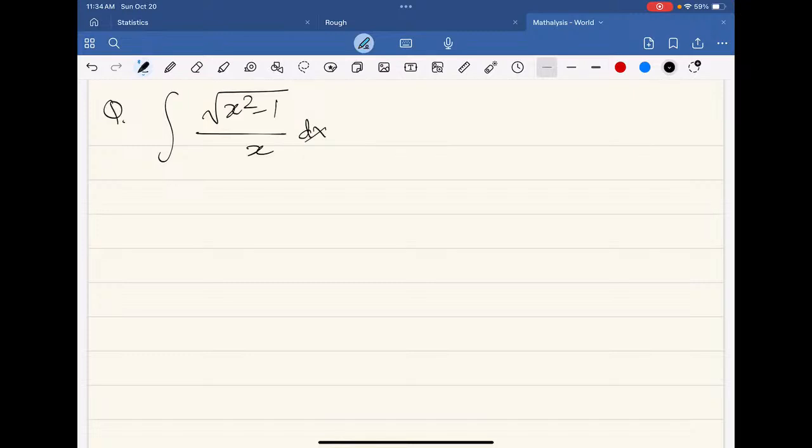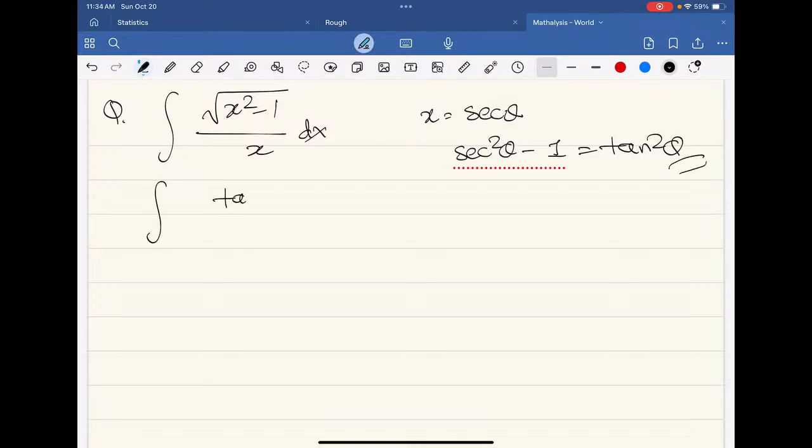Okay, now I think the trig substitution will be helpful in this case. Yeah, let us substitute that x is sec theta, because if x is sec theta, over here sec square theta minus 1 will just be tan square theta. So that's the reason I'm doing this. So this will just be tan theta by sec theta, and dx will be sec theta tan theta d theta, right?